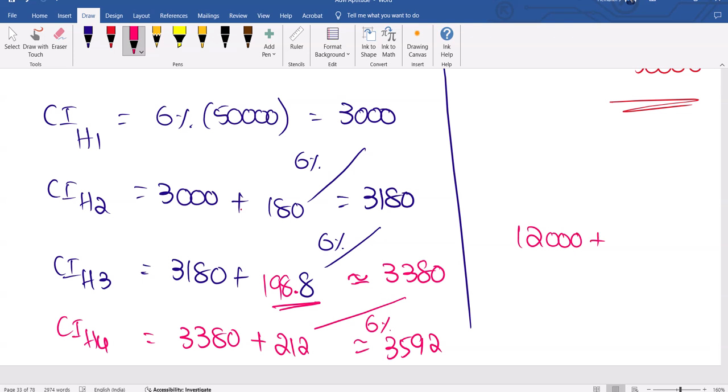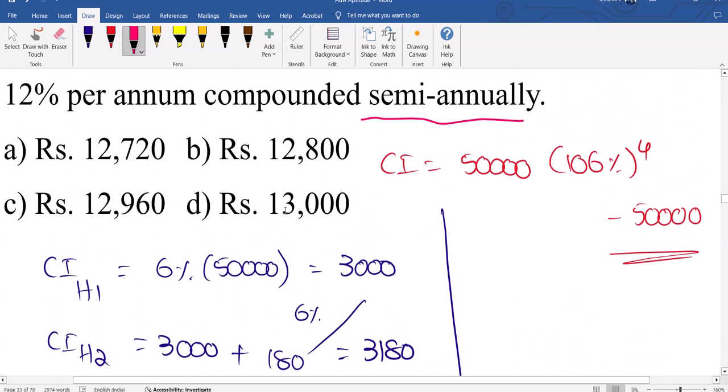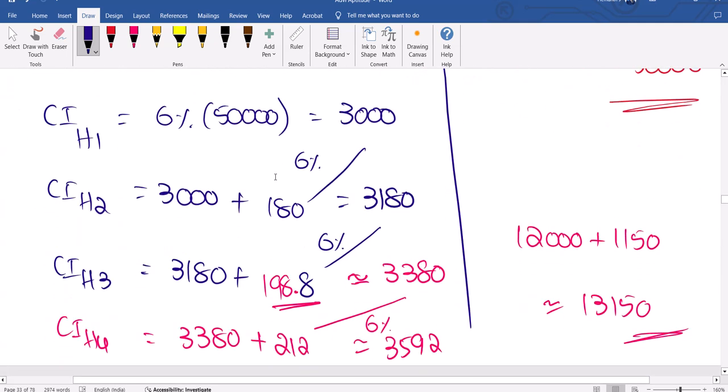Plus here I increase the value, I do agree, 560 and 592, which is 1,150 close to that. So approximately we have to go 13,150 in the options. Right? So 13,000 plus, here options are wrong, that's what we can clearly see. But your answer should be 13,000 something, 150 close to that is required.